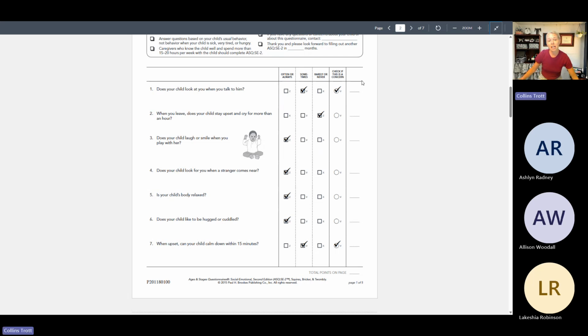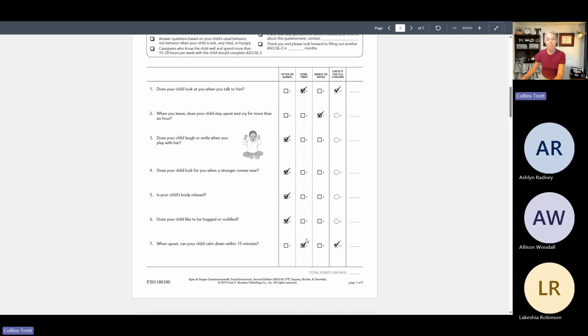So if I'm taking a look at Andrew, number 1, 5 plus 5 is 10. Number 2, Z is 0. 3, Z is 0. 4, Z is 0. 5, Z is 0. 6, Z is 0.